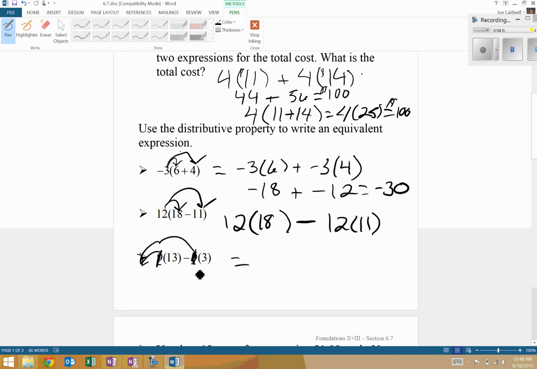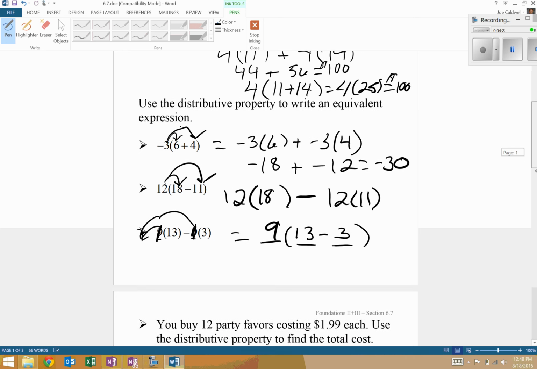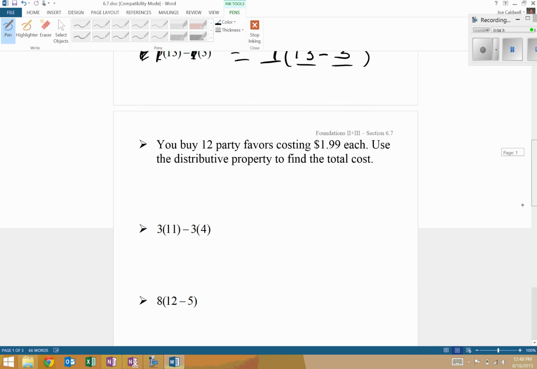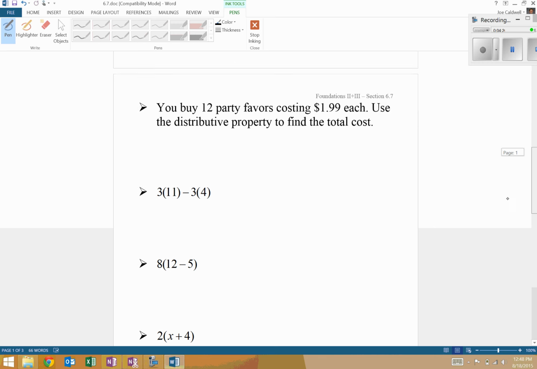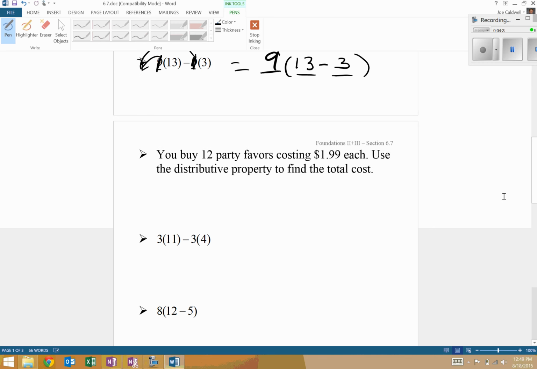So if we can undistribute, work backwards, we want to always get things into this form, potentially. We're left with 13 minus 3, and then the common number you distribute out always goes on the outside. So that's the other way to write that. This could help you here.